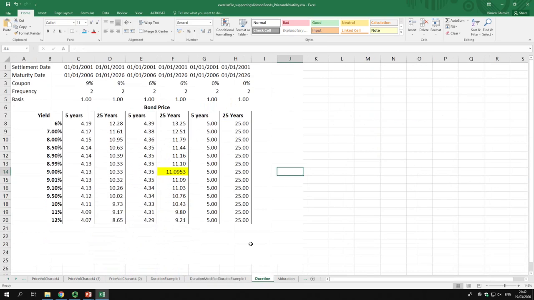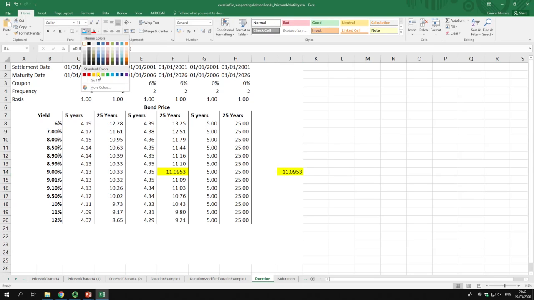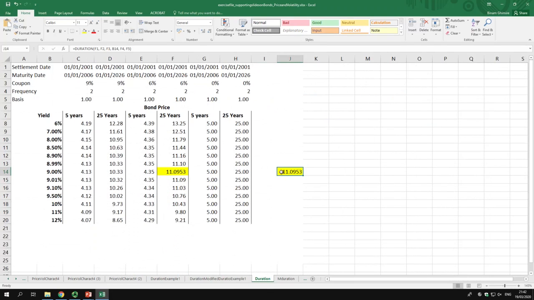If you just click and ask for duration and then apply this, because this is the particular bond we're talking about, you need settlement, maturity, coupon rate, yield, coupon payment frequency, and day count convention, and you get 11.0953. You see exactly the same thing. So you do not need to waste your time doing all these lengthy calculations, just this.